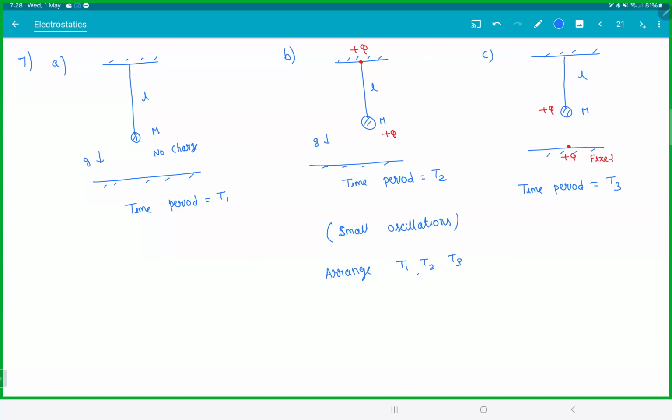Let's get this. T3, think. There's a trap.